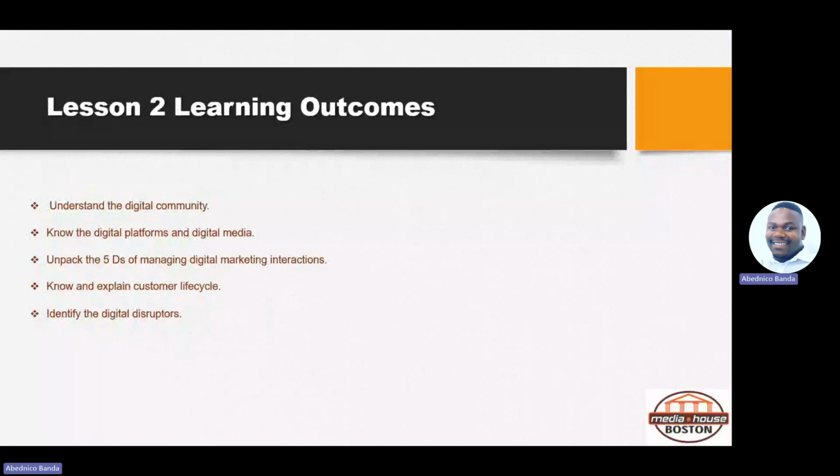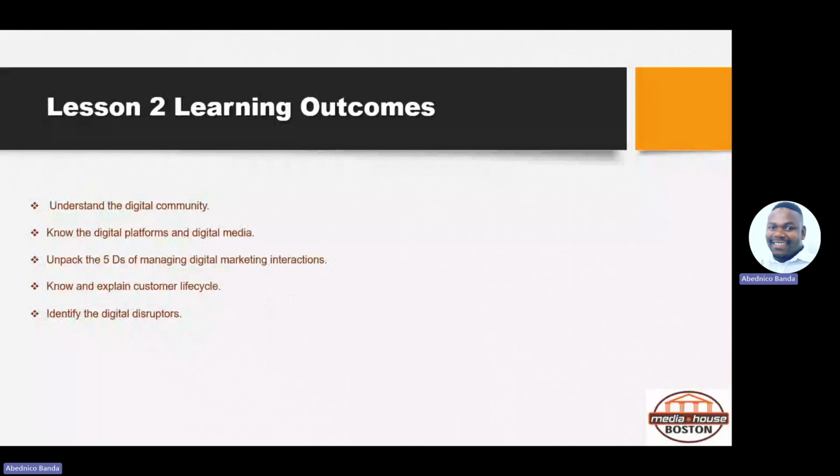You also need to know the digital platforms and the digital media. As I discussed on Thursday, there is always a confusion, a paradox, when we discuss digital platforms, and even marketing professionals, some do not understand that there is actually a difference between a platform and a media.